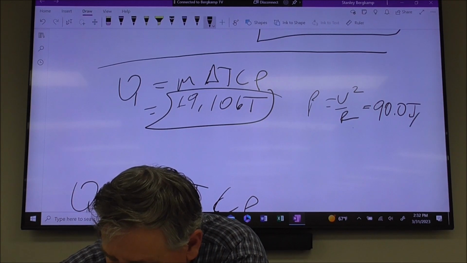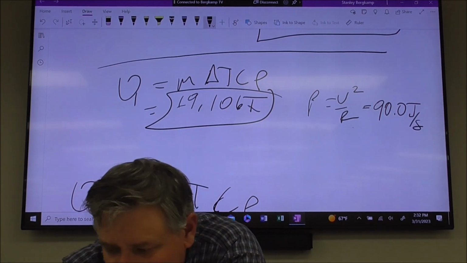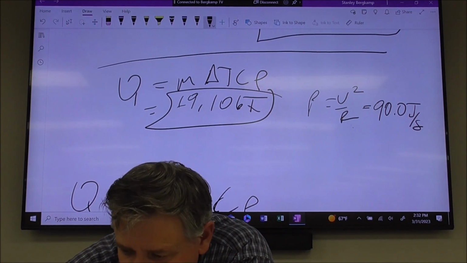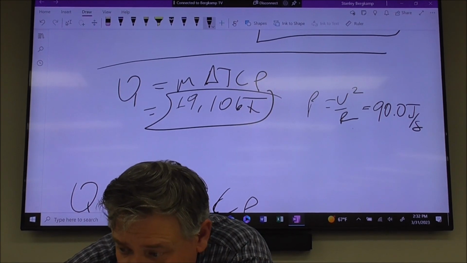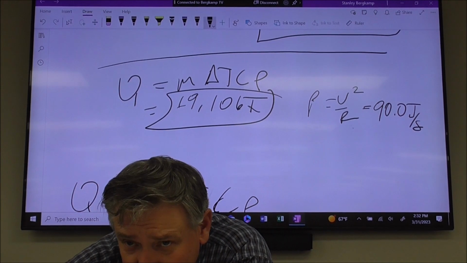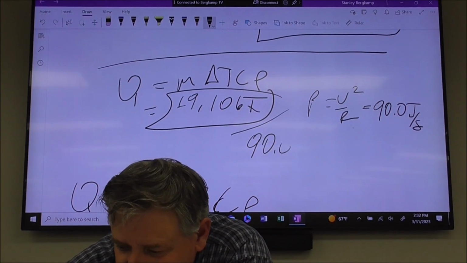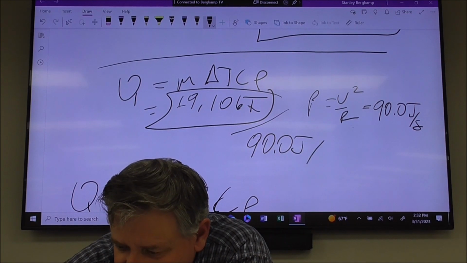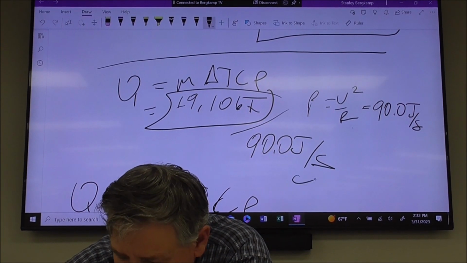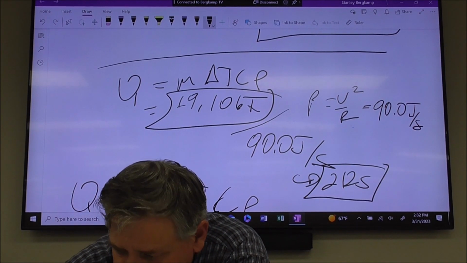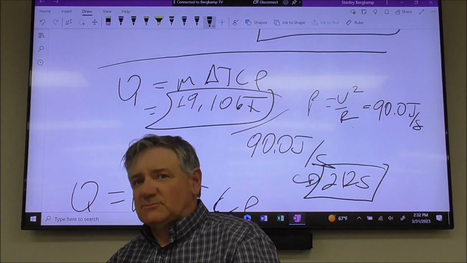Then you take your 19,000 joules times 1 second over 90 joules, so you divide by 90. The joules cancel out, and you get seconds. You take the joules, divide that by joules per second, and you get 212 seconds.